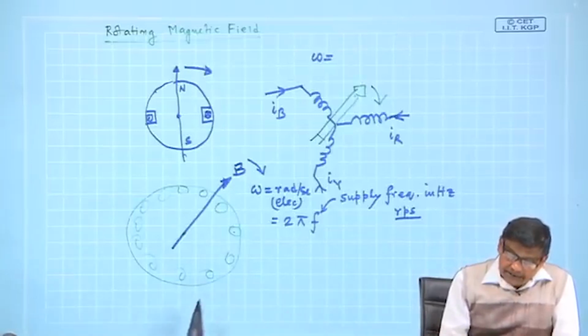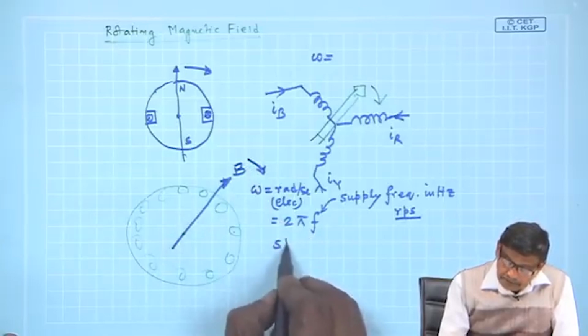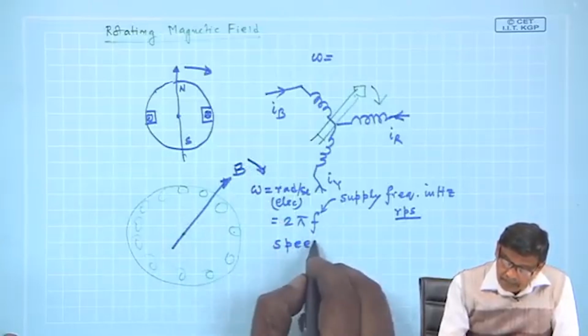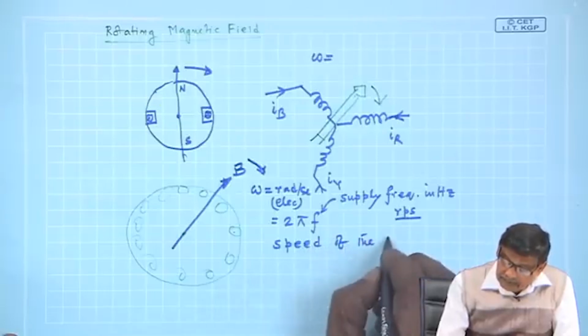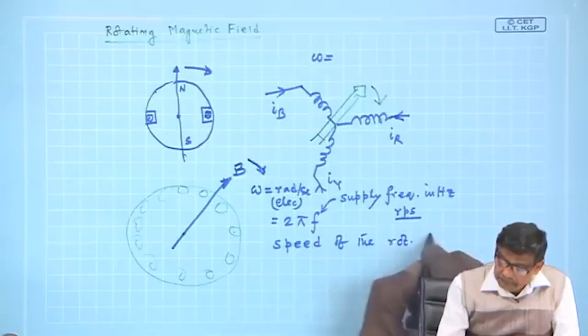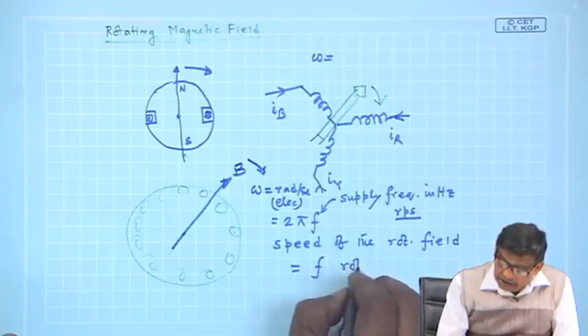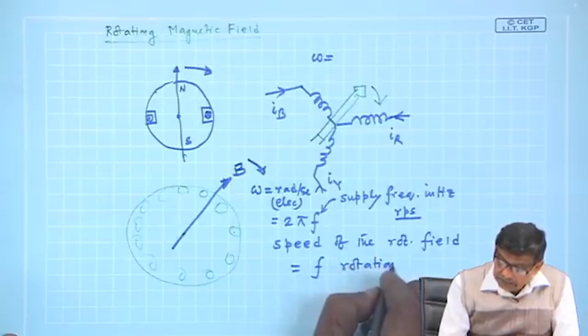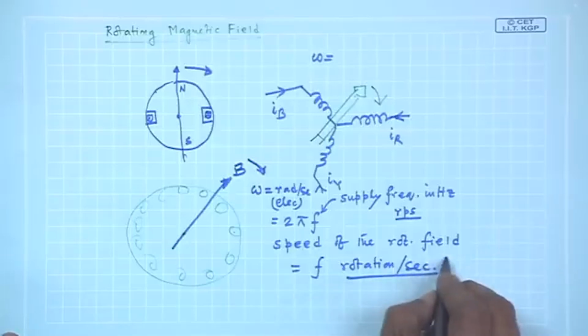Therefore, I can say the speed of the rotating field is f rotations per second, that is all, and this is electrical speed.